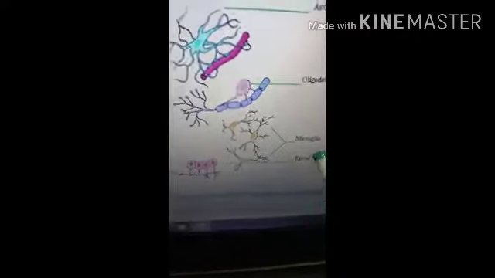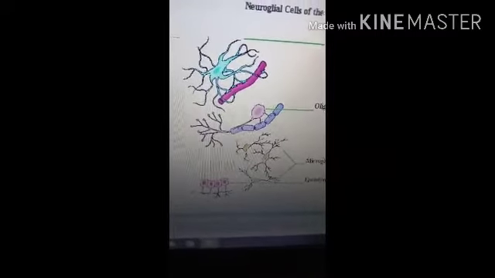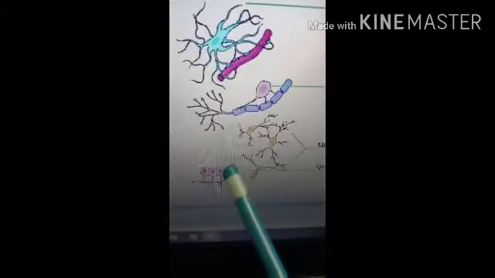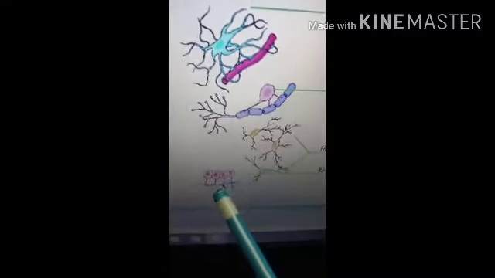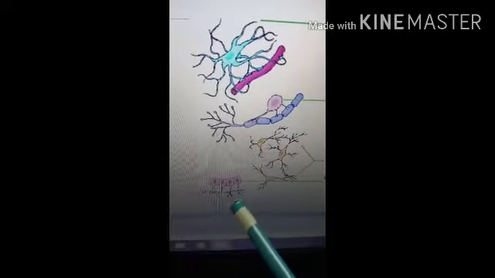Then this is the ependymal cell. So the ependymocytes are cuboidal, with a tuft of cilia on their luminal surface. So here you can see the cilia are present. Okay?